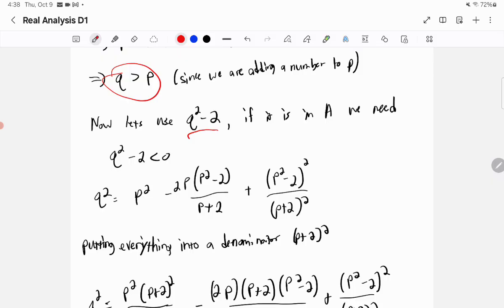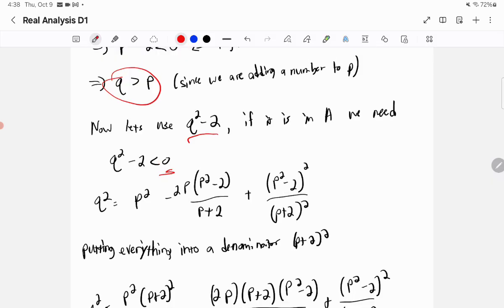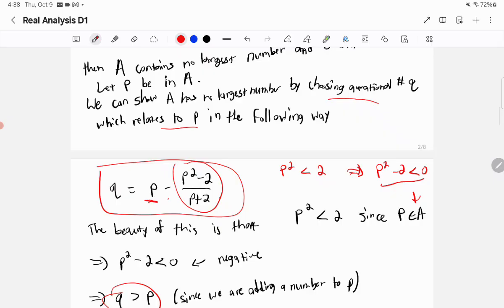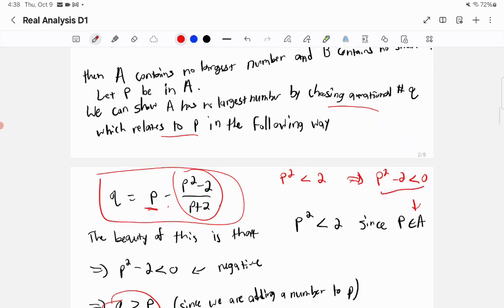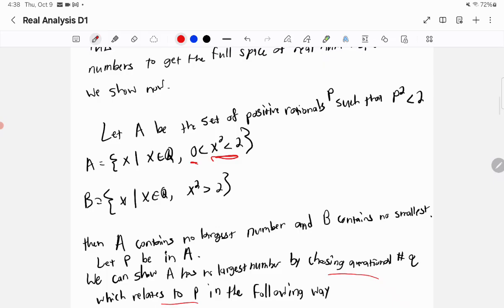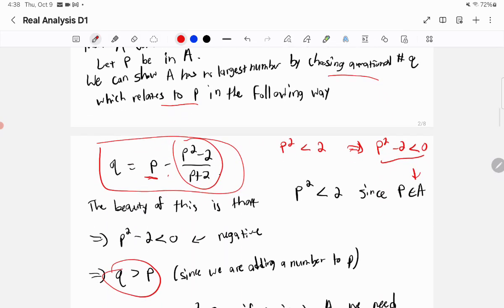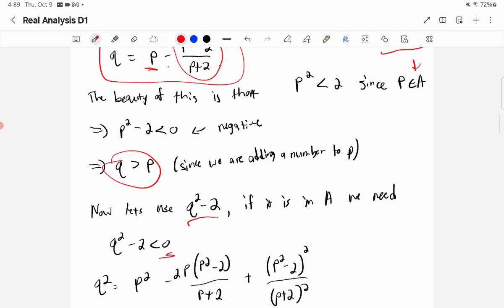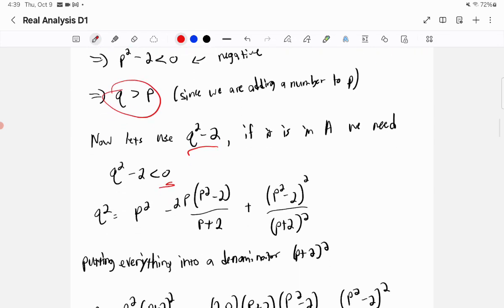Q squared minus 2: if Q squared minus 2 is less than 0, it has to be in A. We already discussed that this was the case for P squared minus 2, right, is in A. So Q squared minus 2, if it's a rational number, which it has to be because P is rational, then it's going to be inside of A. Okay, so great. So let's actually do the algebra out.